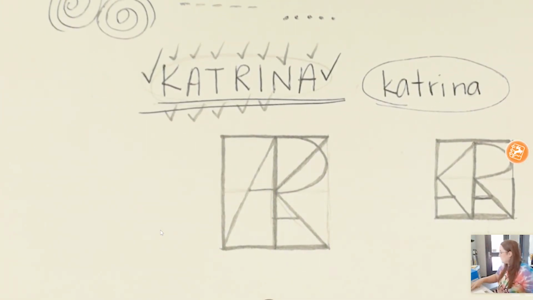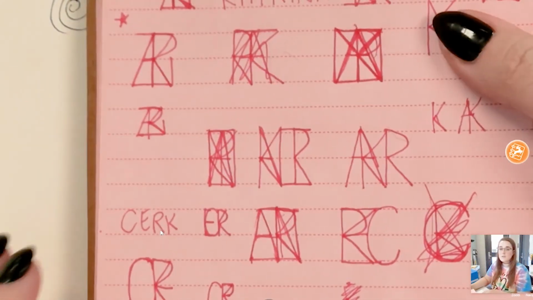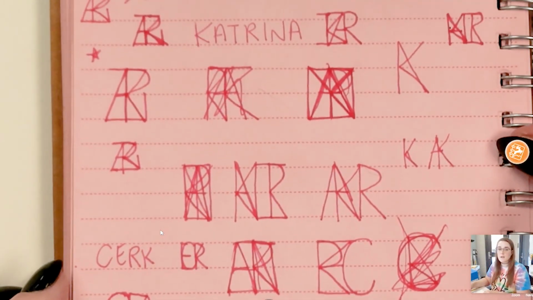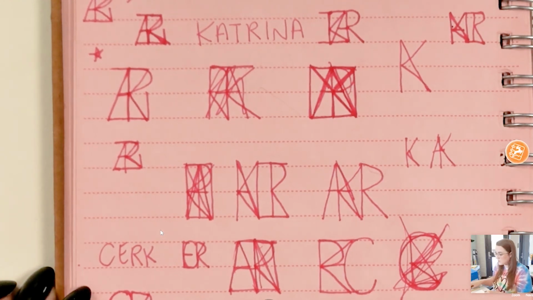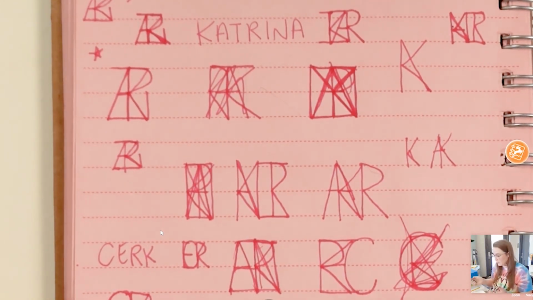And you can keep on practicing and playing around with your ideas. So you can see here the amount of times that I was trying to figure out my logo and which one would end up working best.